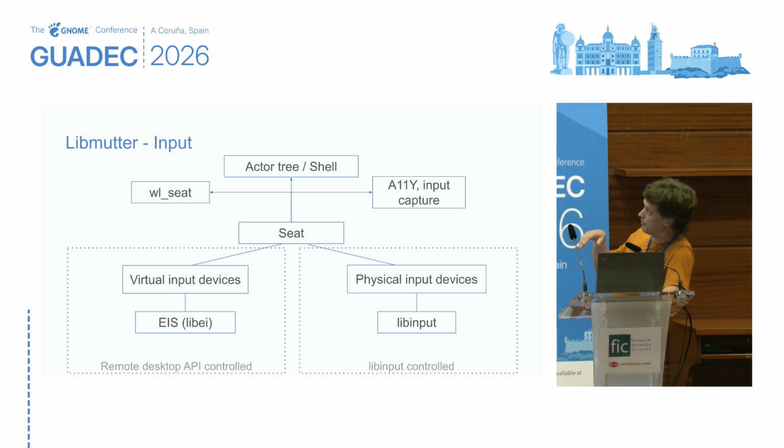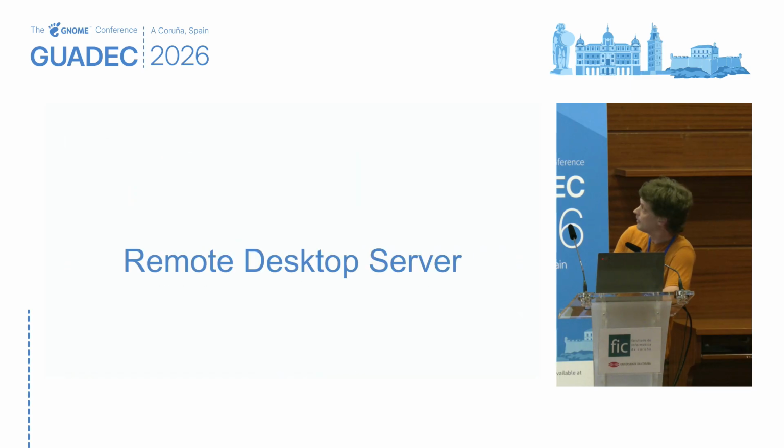But in the end, above the backend in the display server, it's all the same. It turns into a wl_seat and pointer devices and hooks up to the accessibility input parts and the input capture and everything.